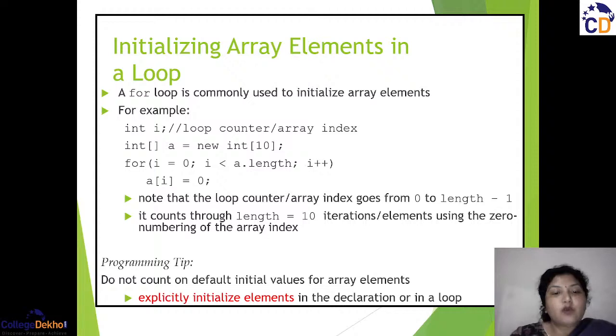So do not count on default initial values for array elements. Explicitly initialize elements in the declaration or in a loop itself, right? So these are some programming tips while you are defining the variables, or while you are using the looping concept with arrays.